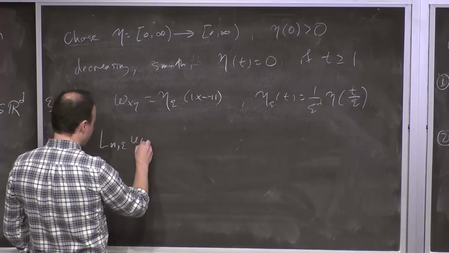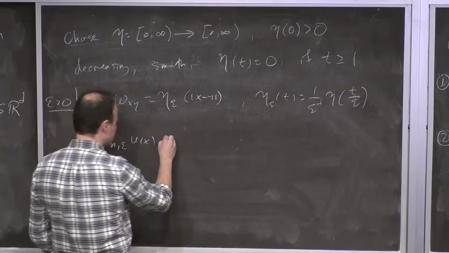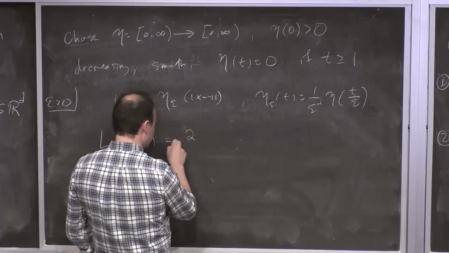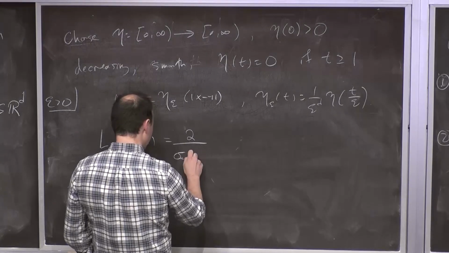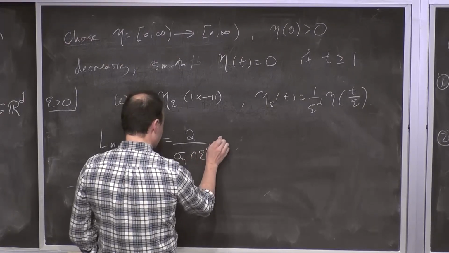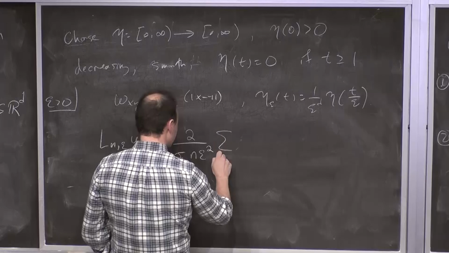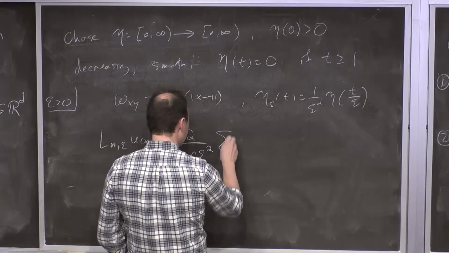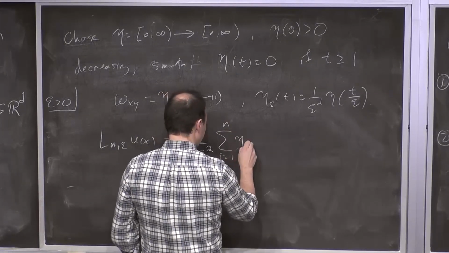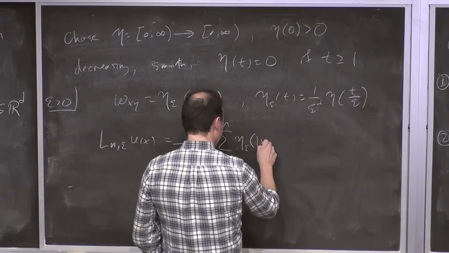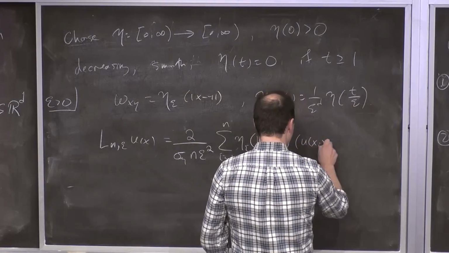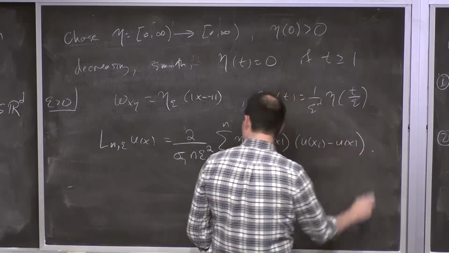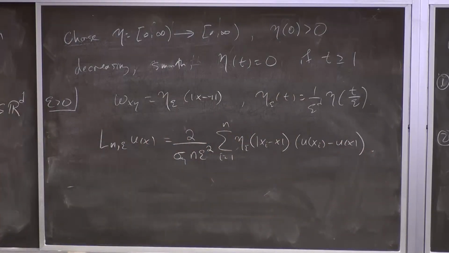So I'll call it L epsilon u of x. The right normalization is to put a 2 over sigma eta n times epsilon squared, sum over my random variables, eta epsilon of xi minus x, times u of xi minus u of x. So this is my normalized graph Laplacian.